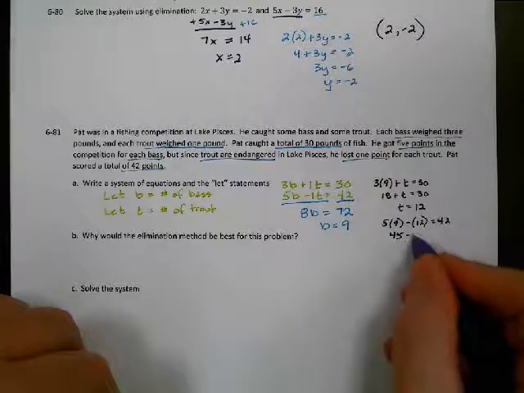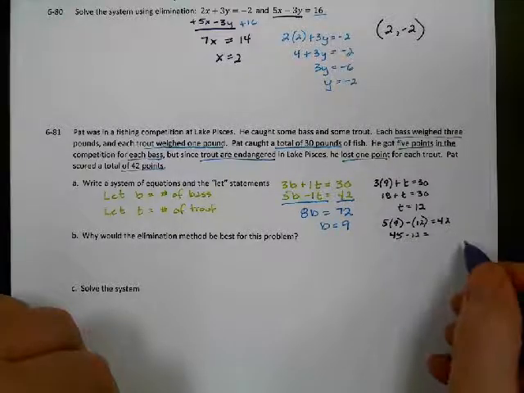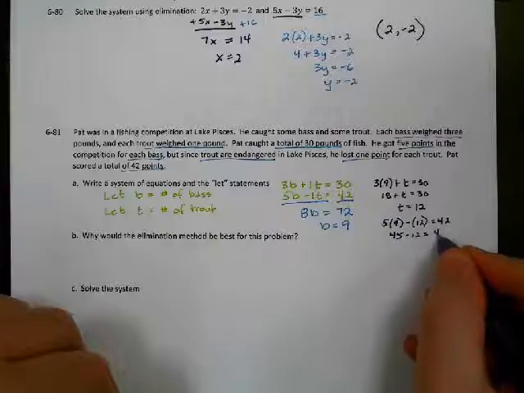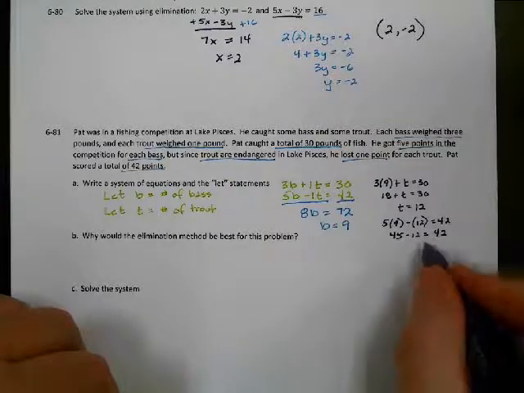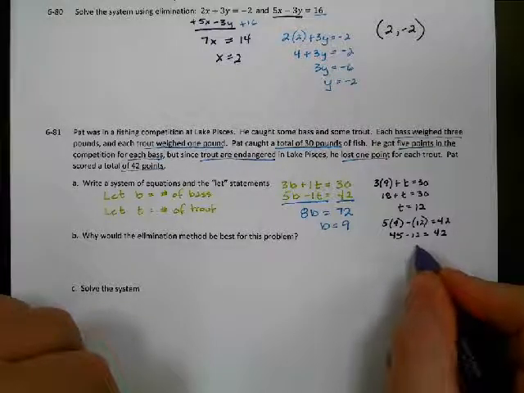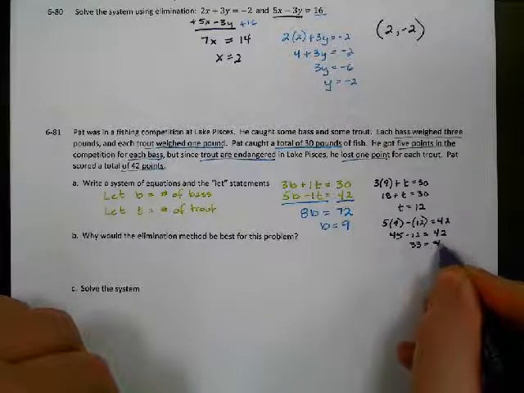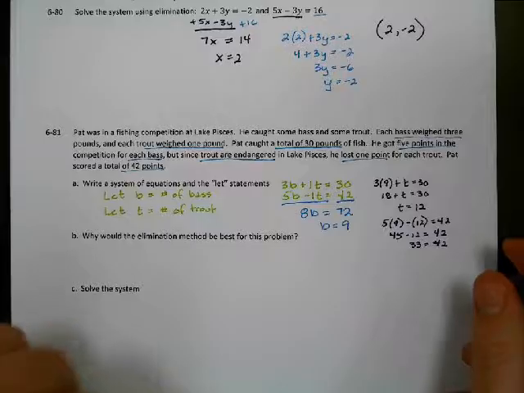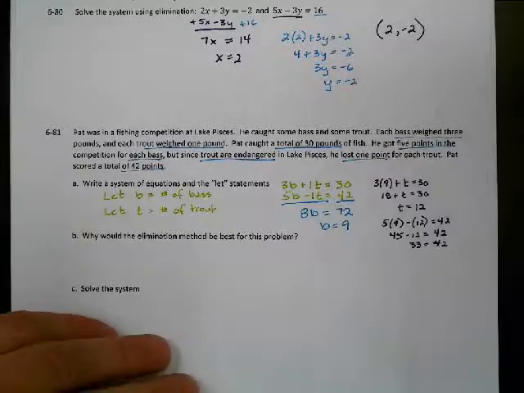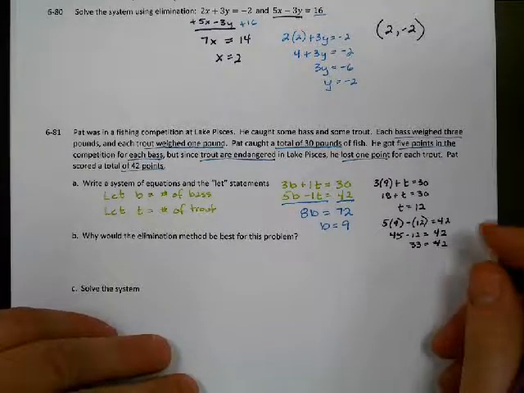That does not equal 42. So here I get 33 equals 42. So we got a problem there. These do not equal each other. So this means I made a mistake. And do you see the mistake?